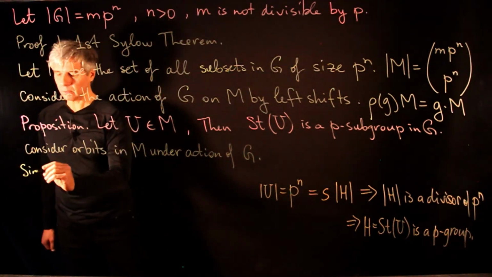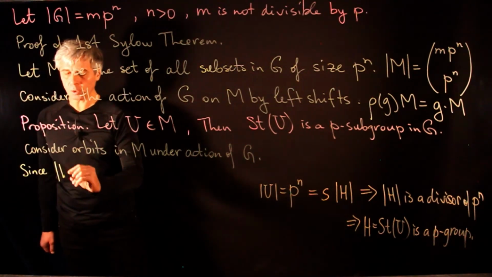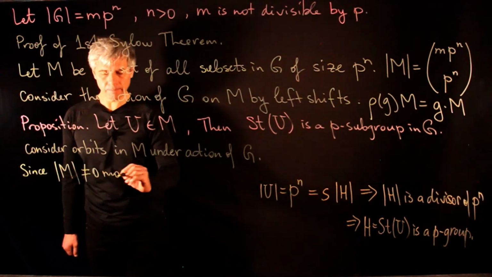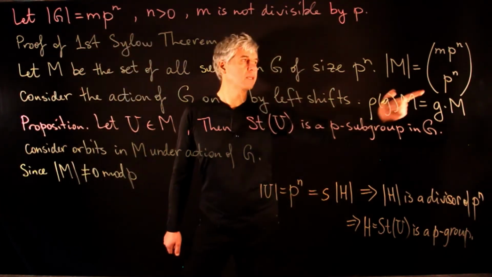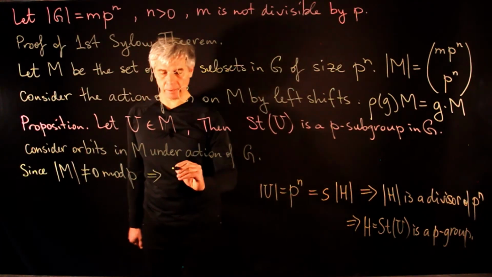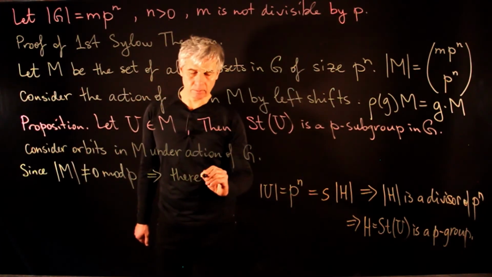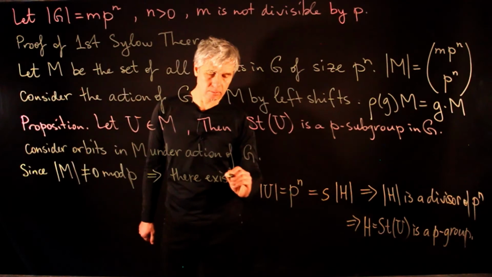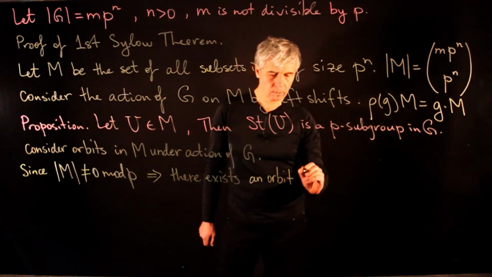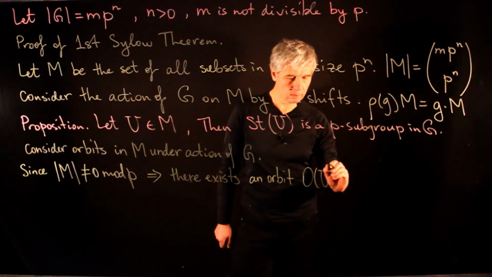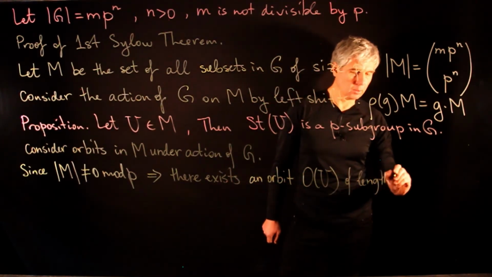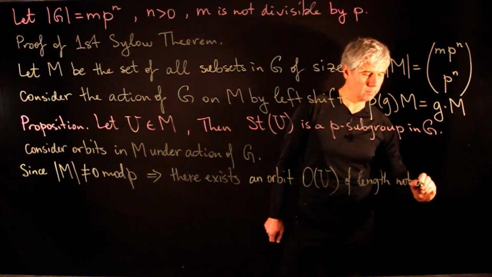Since we know that the order of this set is not equal to 0 mod p by our lemma, this implies that there exists an orbit O of U of length not divisible by p.